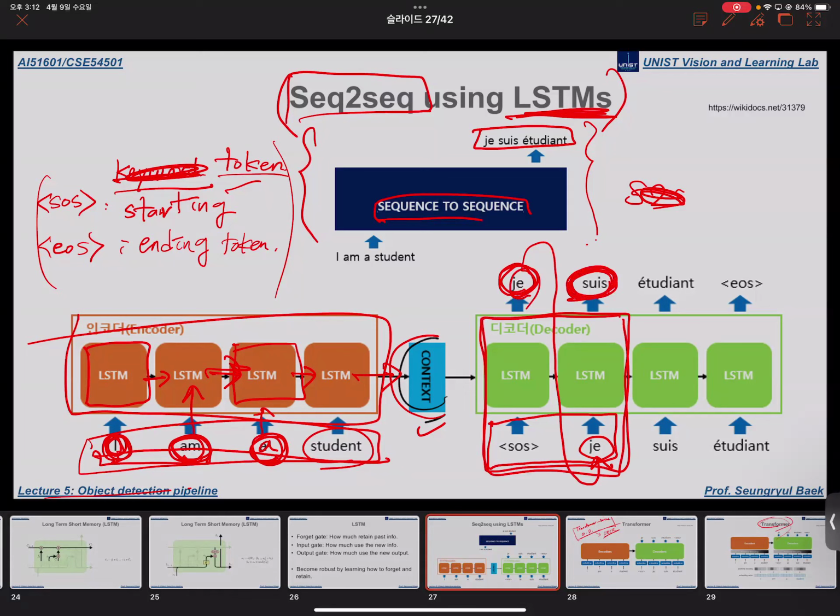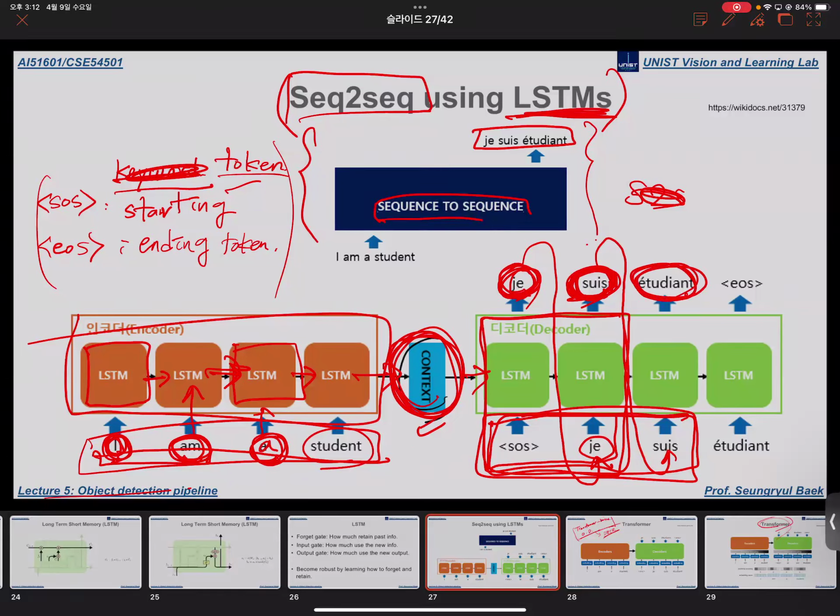And in the next step, you will also use these two words, coming from the previous time steps' output, as the input to this decoder, and combined with this feature vector, you will infer the third word. Okay, and this happens until you get the ending token.